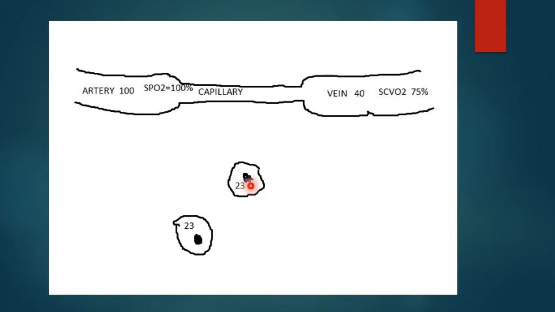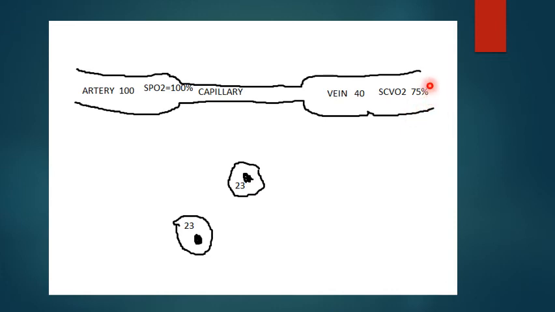You will be shocked to know the amount of oxygen which is ultimately reaching the mitochondria. But I will give you that as an exercise, you try to find it out, okay? Anyhow, in the cytoplasm it is 23. So for oxygen to preferentially reach the cell, this has to be maintained at a higher level. Otherwise it will just go there to oxygenate here rather than here. Do you understand? This is just one reason. You try to understand, that's all.